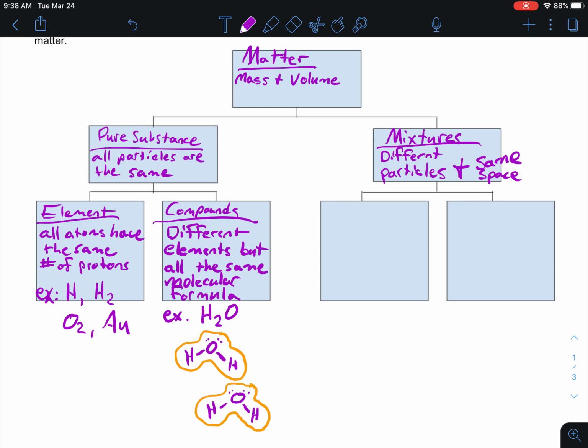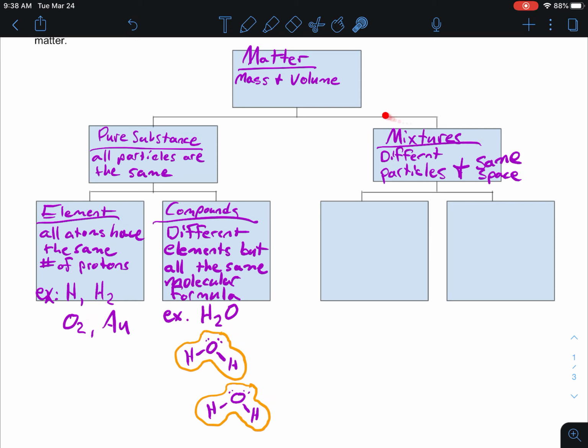You have different particles sharing the same container, the same space in the air around us, and they're not chemically bound together. They are separate particles. These waters are separate particles, but each of them are the same composition. In this case, instead of just water, there might be something else in that water.